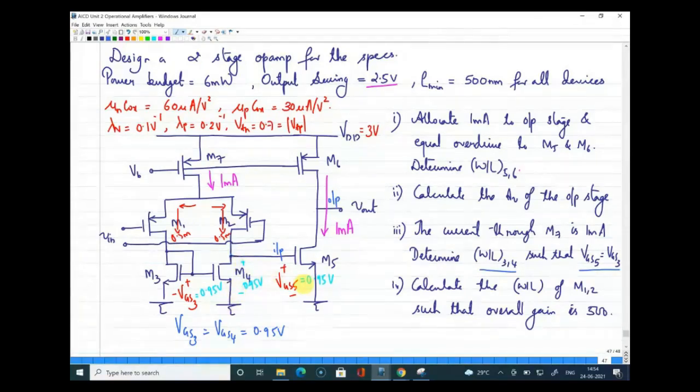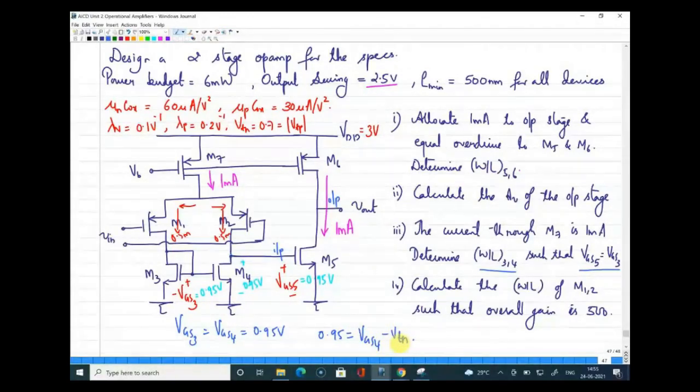Sir, but if we then substitute overdrive is equal to VGS minus VT and try to find VGS from there, sir, we won't be getting 0.95 again, right? Sir, we just found out that overdrive for M4 is 0.95. So if we substitute, 0.95 is equal to VGS of 4 minus VTN.